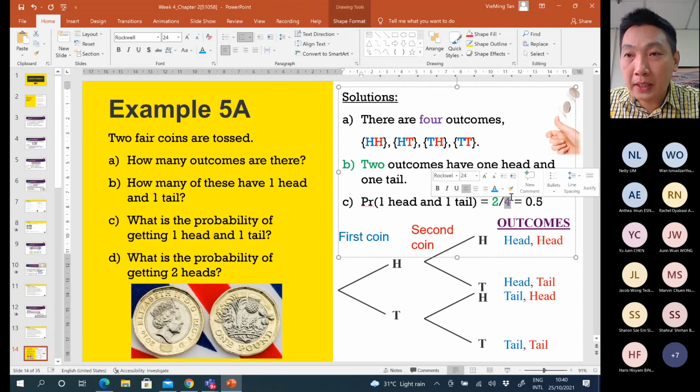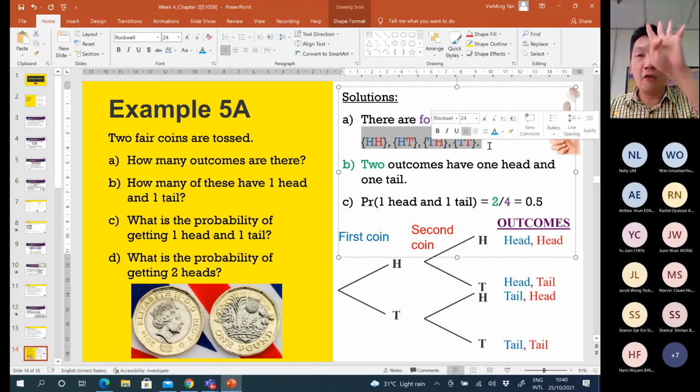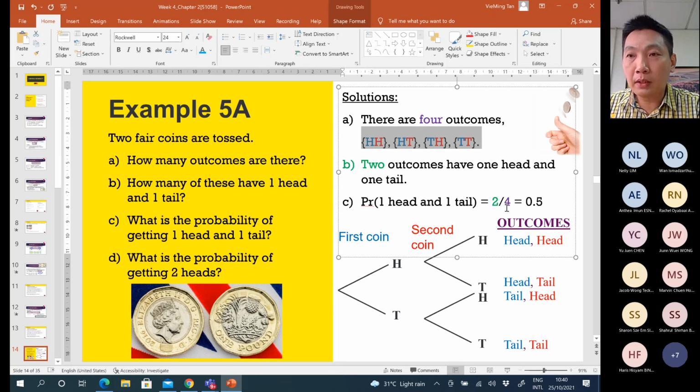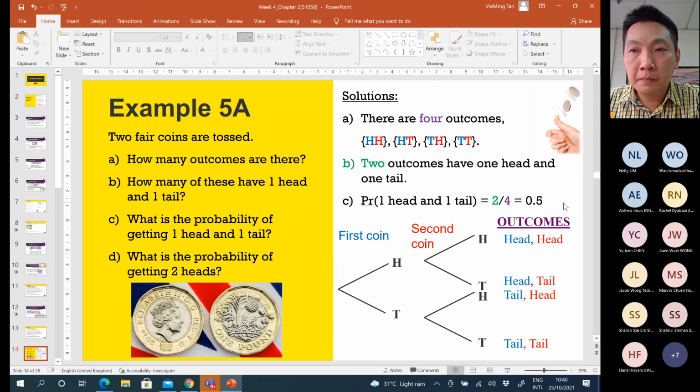The denominator here is 4 because in total, there are 4 possible outcomes. The 2 is because just now from part B, we know that there are 2 outcomes that have 1 head and 1 tail. Okay, so we substitute 2 into the numerator. Simplify and get 0.5. Okay, so the part C question actually builds on your part A and part B.